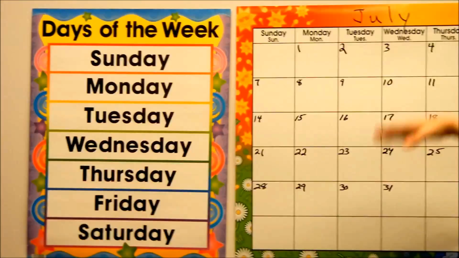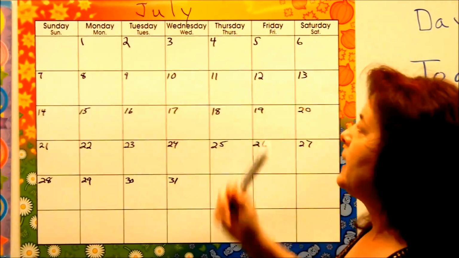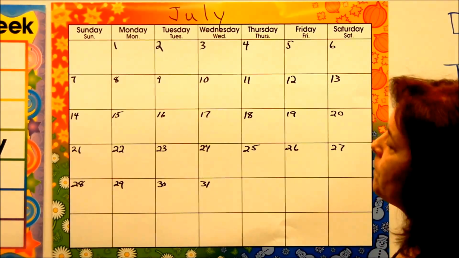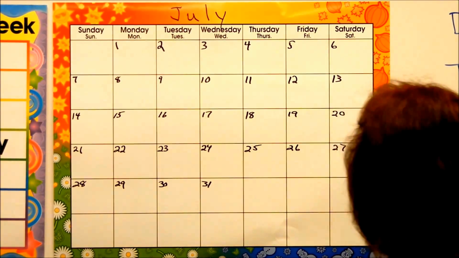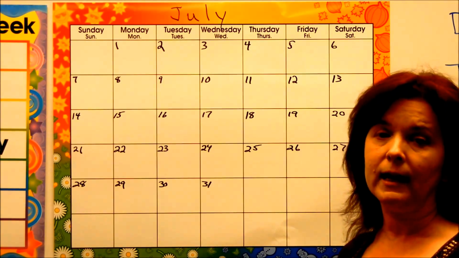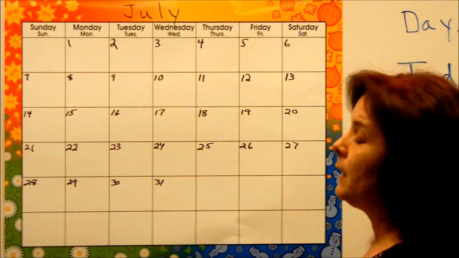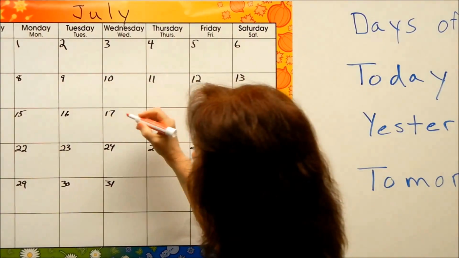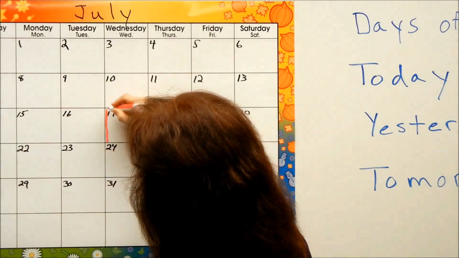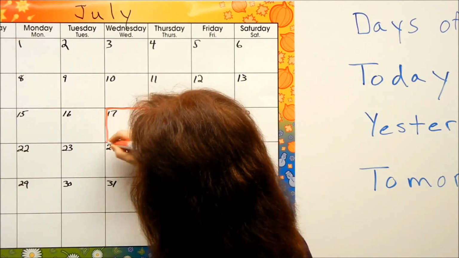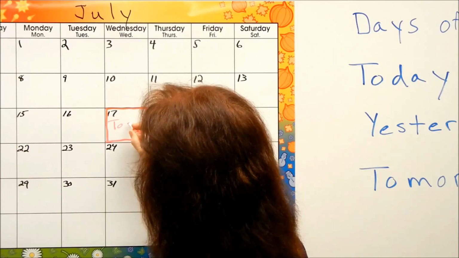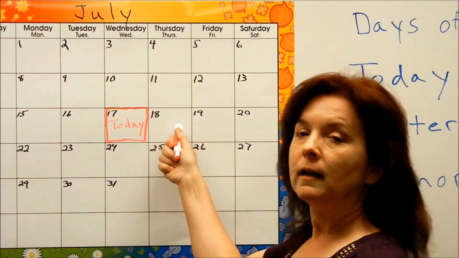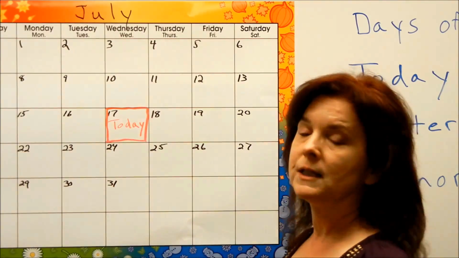Okay, now I put together a calendar here for you. Let's pretend that this is the month of July, and I put all the days on there, and let's figure out how to use the words today, yesterday, and tomorrow in different sentences. Okay, so let's pretend that today is Wednesday, July 17th. In English, what do we call the day that comes after today?